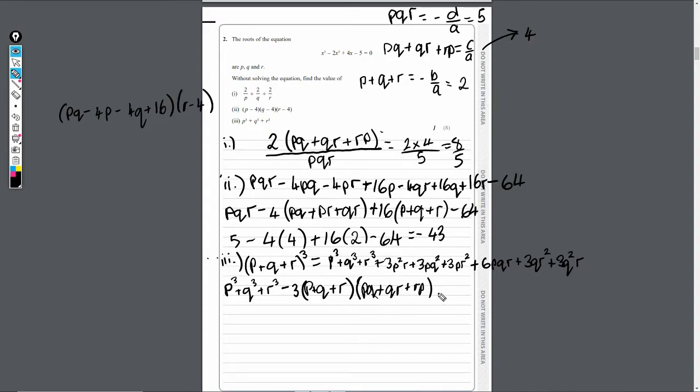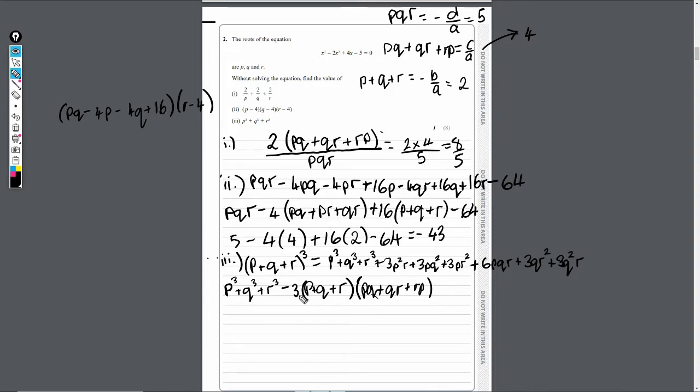And at the very end, think about expanding this out, right? You get minus 3 lots of P squared Q, for example, because you get minus 3 times P times PQ. Now at each point, I'm going to get a P times QR, so I've got PQR. I've got a Q times RP, so I've got QRP.